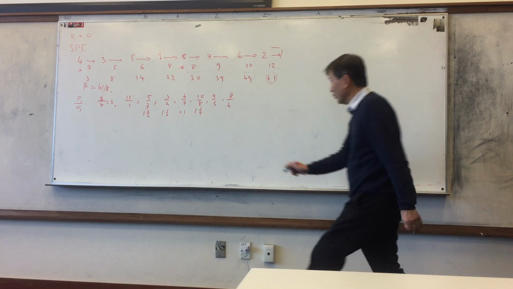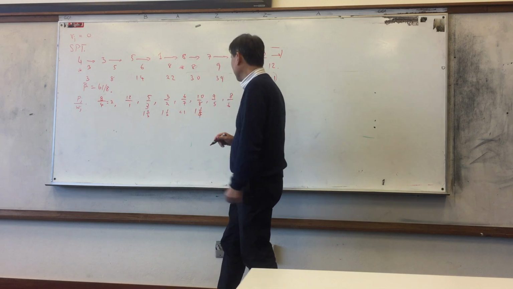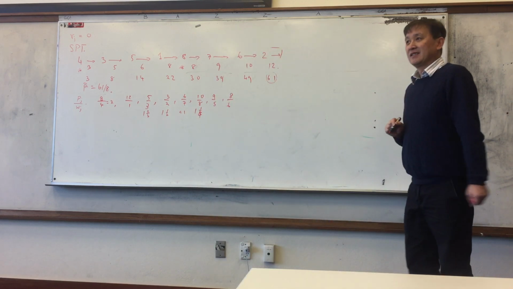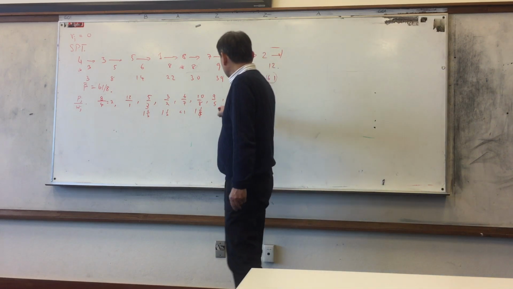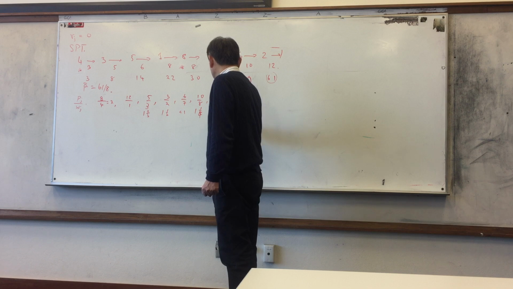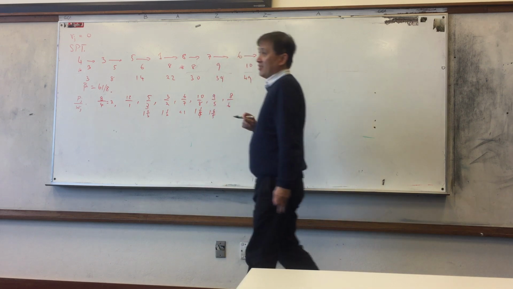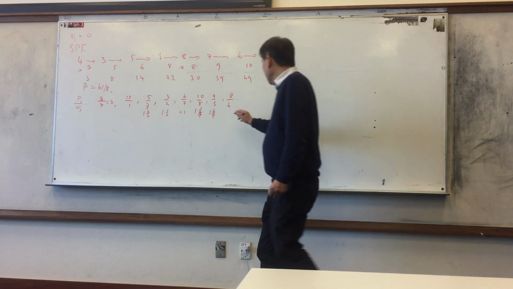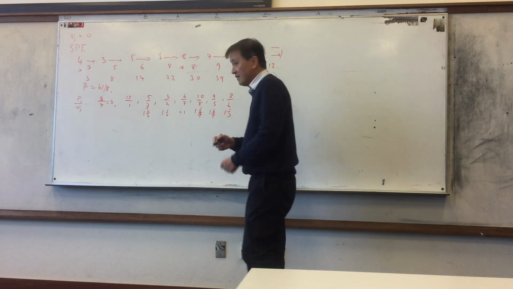Is that right? Yeah. So this is 9 over 5, which is 1 and 4/5. And so that is just 4 over 3, which is 1 and 1/3.